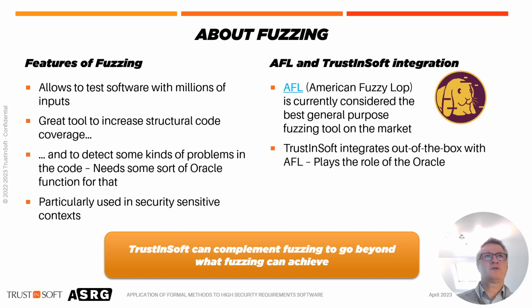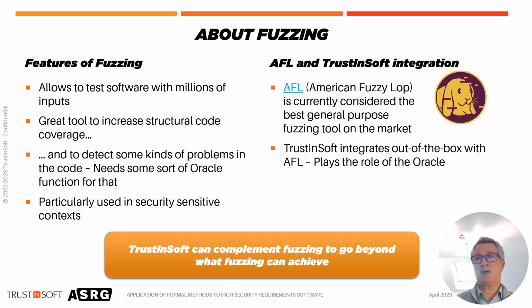It's a great tool to increase structural code coverage. By feeding different inputs, you are likely to exercise a different branch of code and also to detect some kinds of problems in the code. For that, you need some function that's called an oracle that allows to determine that something happened with that particular input that is interesting.